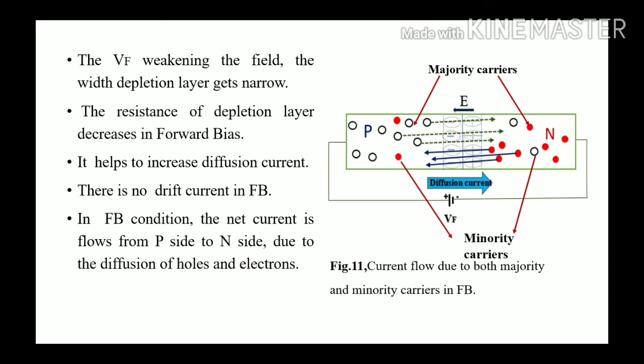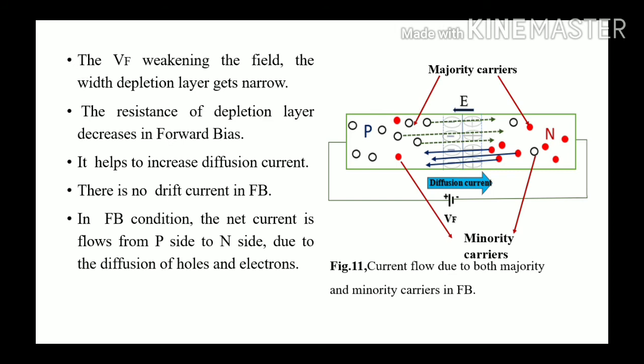And there are some minority carriers. The holes in the N side are attracted to the negative terminal of the applied voltage and electrons in the P side are attracted to the positive terminal of the applied voltage. So, the drift current is very negligible and thus the major current flows due to the diffusion from the P side to the N side.